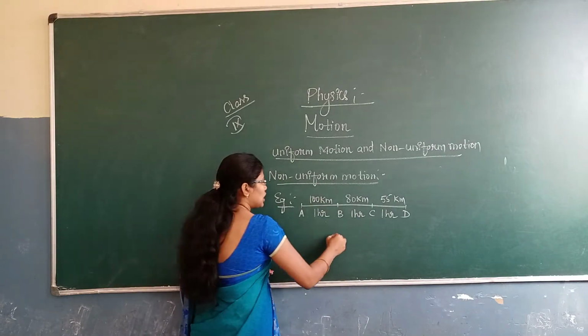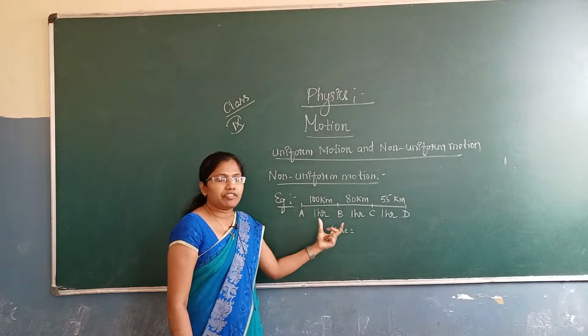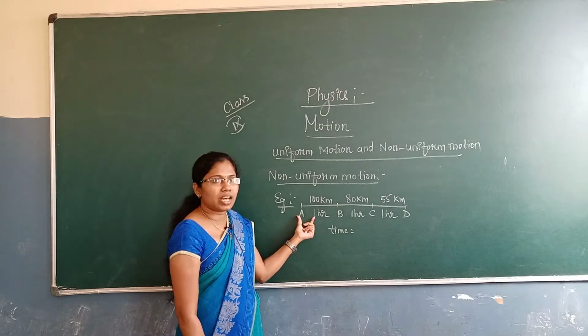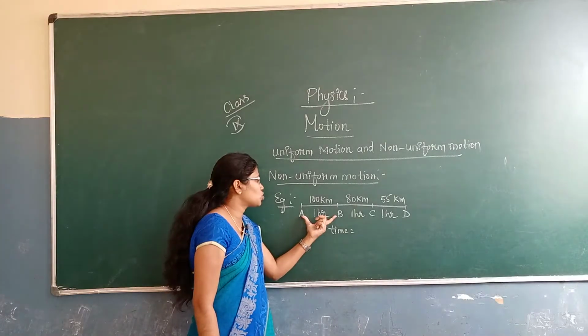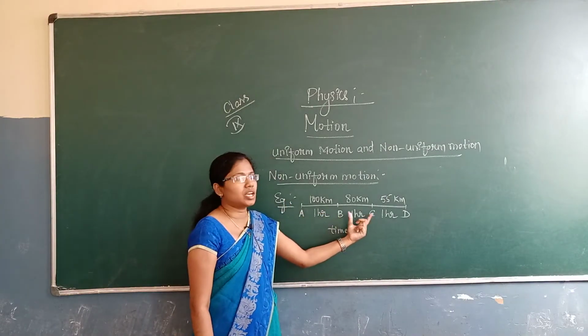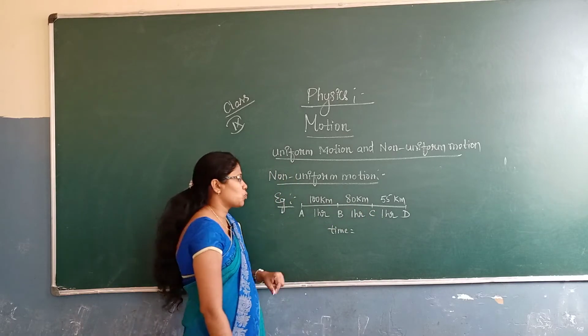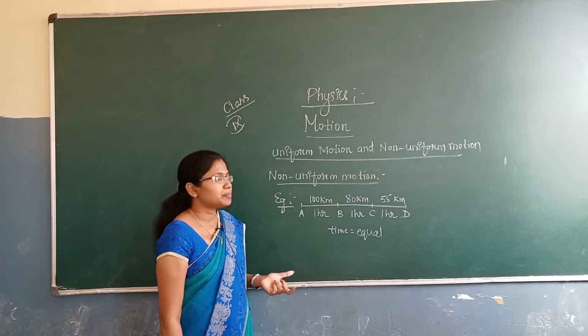Now we shall compare the time and distance at different intervals. If you observe the time taken by the object at different instants, that is to move from point A to point B, then point B to point C, then C to D, the time taken by the object is equal. That is 1 hour, correct?